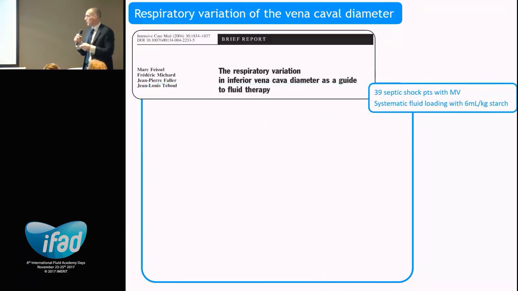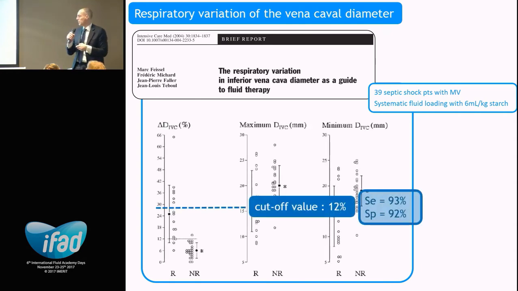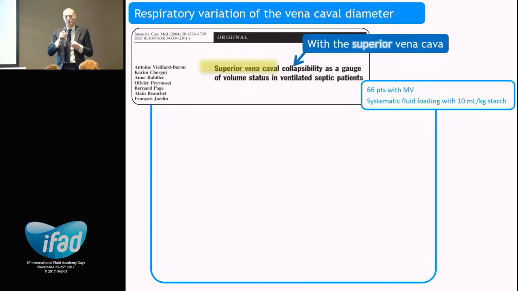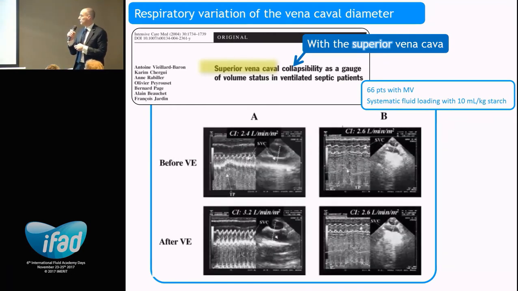And some studies, not that many studies, but some studies show that these changes in the vena caval diameter allow you to test fluid responsiveness before giving fluid. You can do that again with the inferior vena cava. You can do that with the superior vena cava with transesophageal echocardiography.